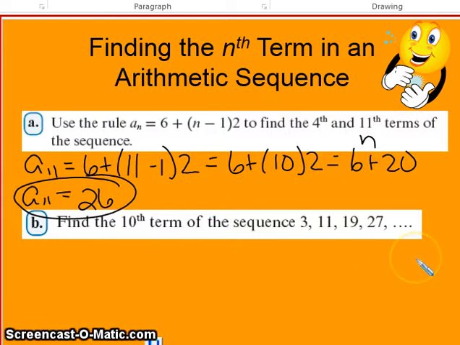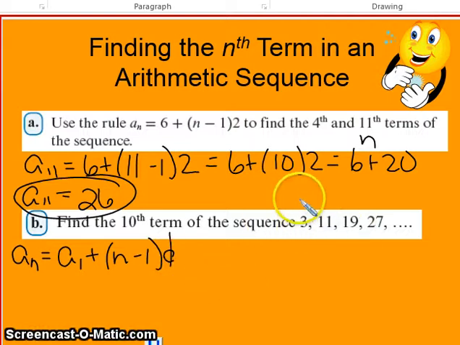Now in example B, we have to construct our own equation. We want to find the 10th term of the sequence 3, 11, 19, 27, etc. So remember, our formula from the last page is a sub n equals a sub 1 plus n minus 1 times the common difference.